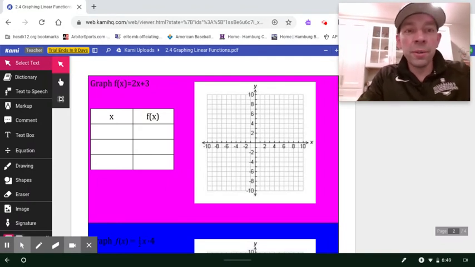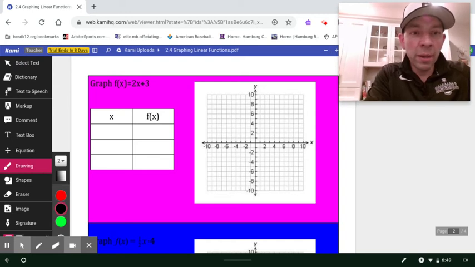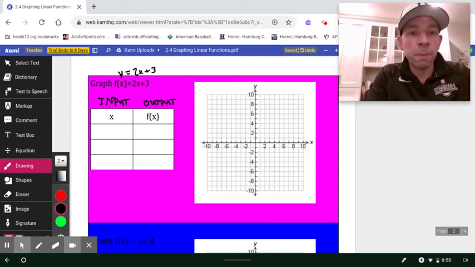So talking about if we're going to use a table of values, here's what's really cool. Let's call these your input values. And let's call these your output values, okay? And if you recall from our previous video, f of x is really just a fancy way of saying y. So, y equals 2x plus 3 is the same function.